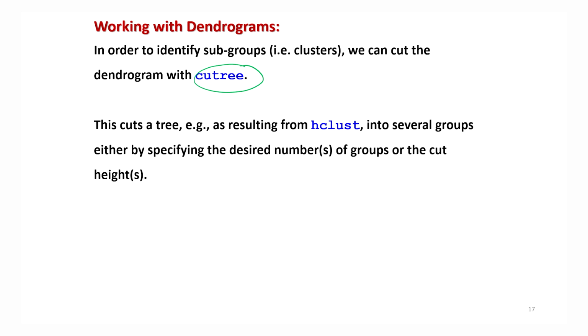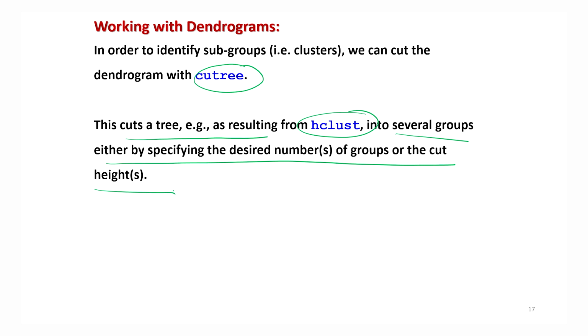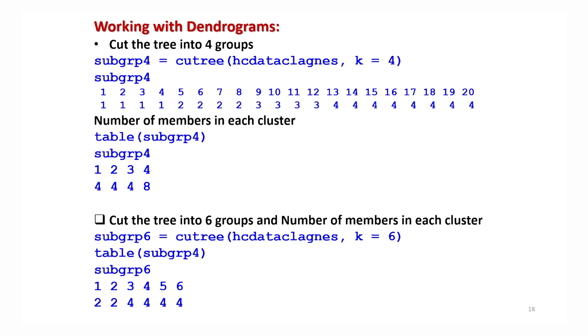So this will cut the dendrogram resulting from hclust into several groups, either by specifying the desired number of groups or the cut heights. For example, suppose I want to have only 4 clusters, so I use the command cutree, and then I have to give the output.